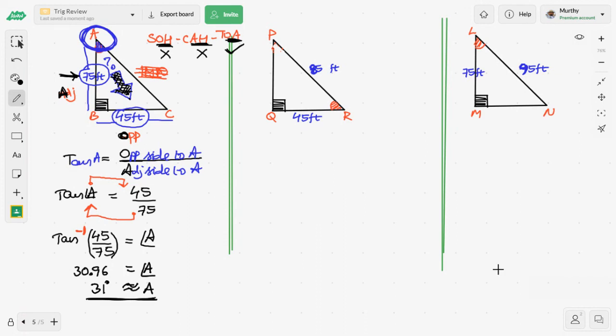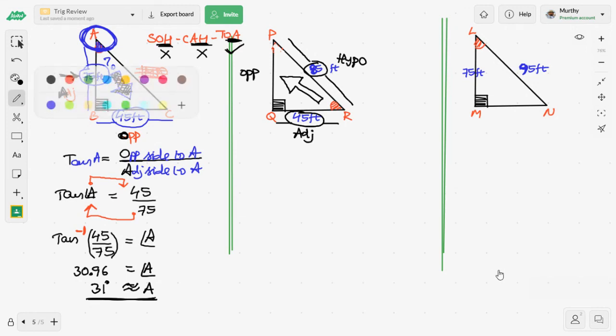Coming to the next question. Here I see that this is 45 feet and this one is 85 feet, right? So let me identify the sides first. I see that this is opposite and this is hypotenuse and the leftover is the adjacent.